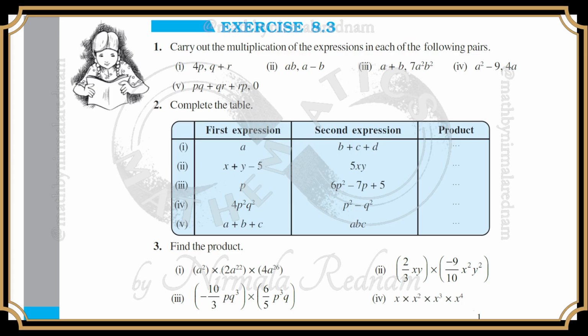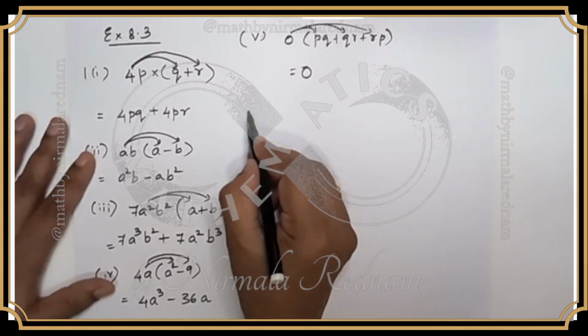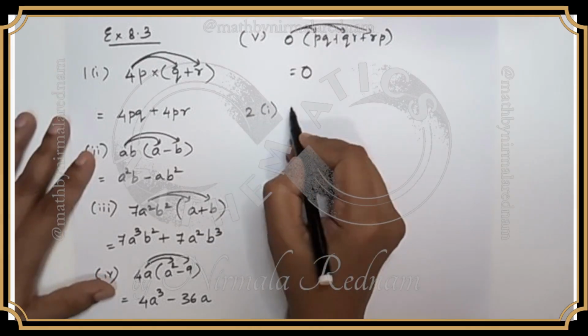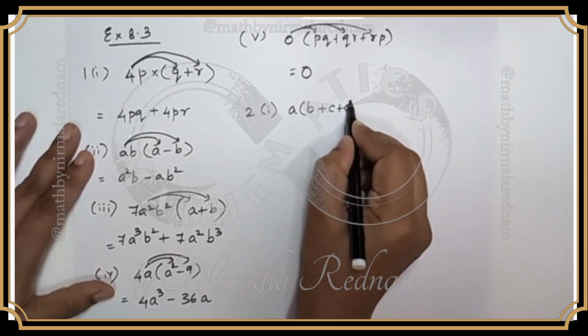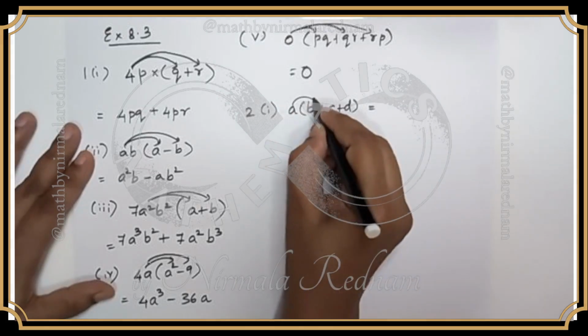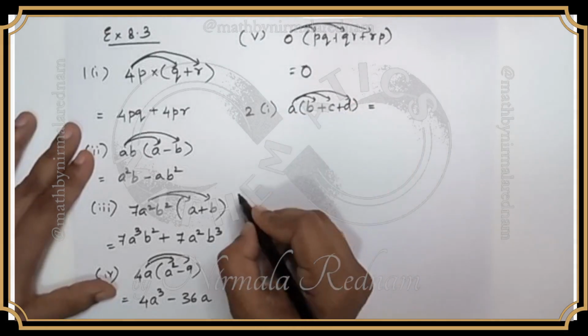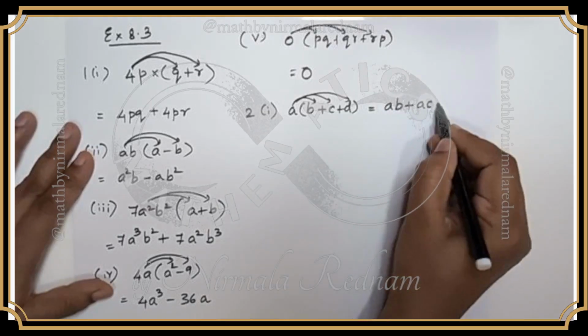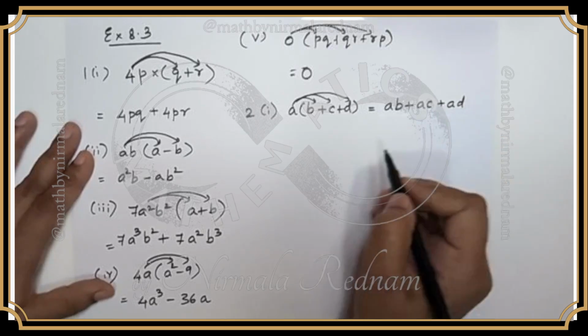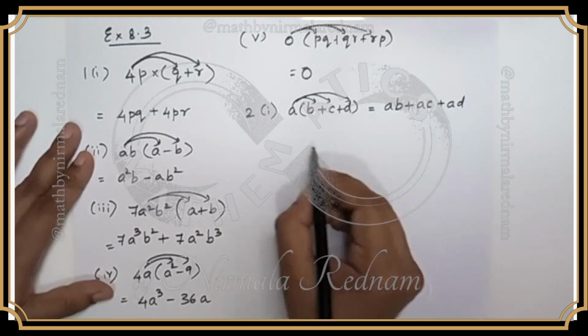You can write it either way. So let's look at the second question. First sum, a into b plus c plus d, right? That means every term inside the bracket I'm going to multiply with a. A into b is ab, a into c is ac, a into d is ad. So that is my answer, right?